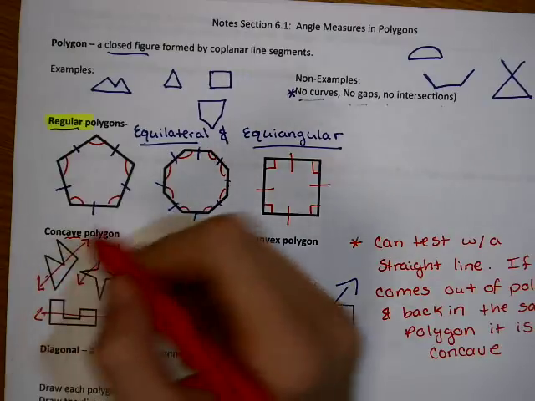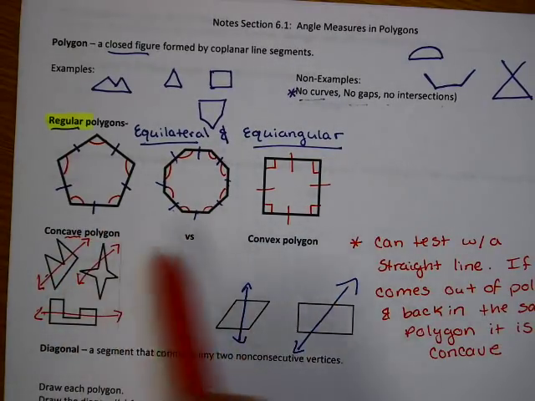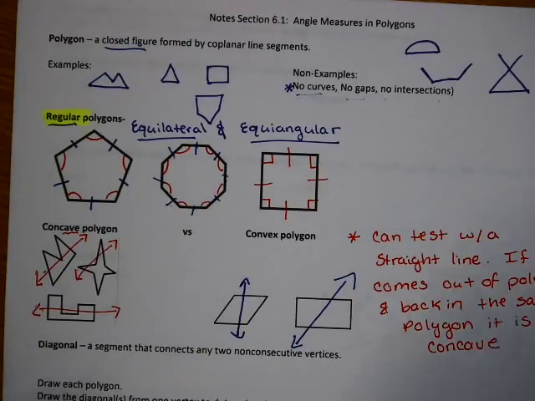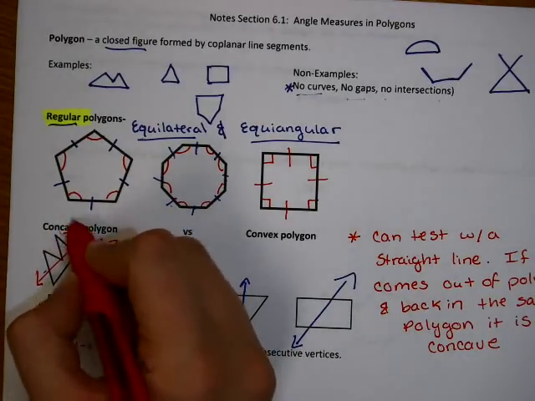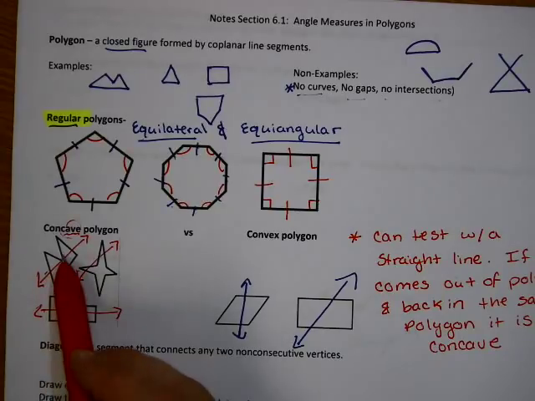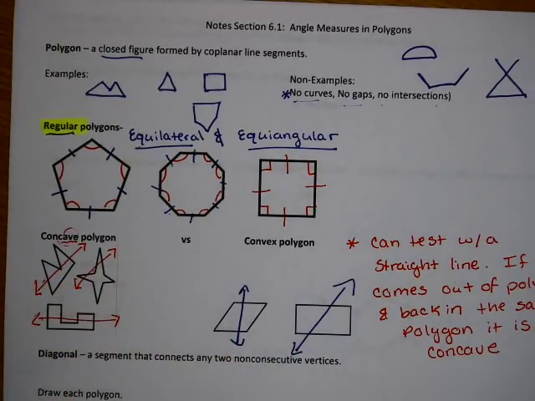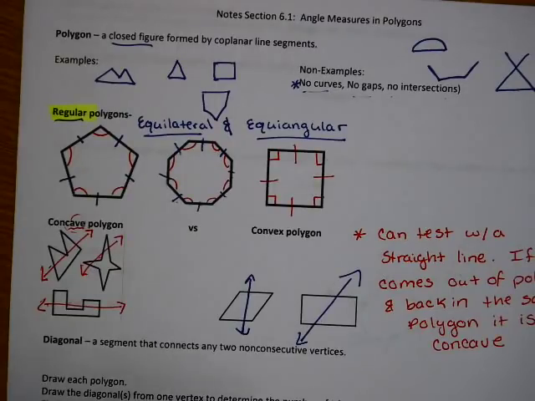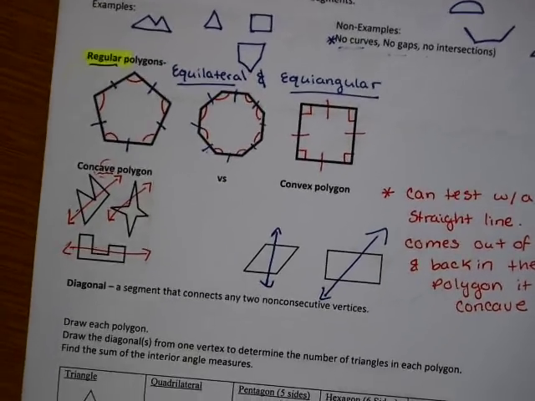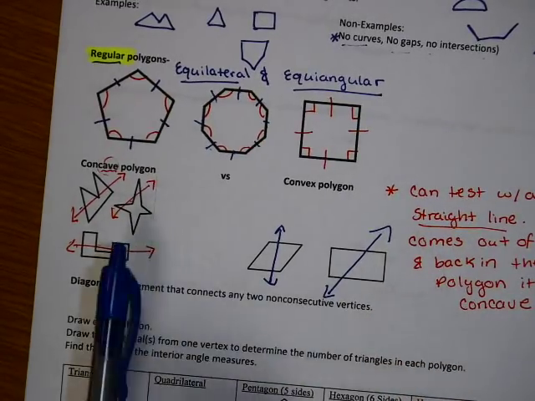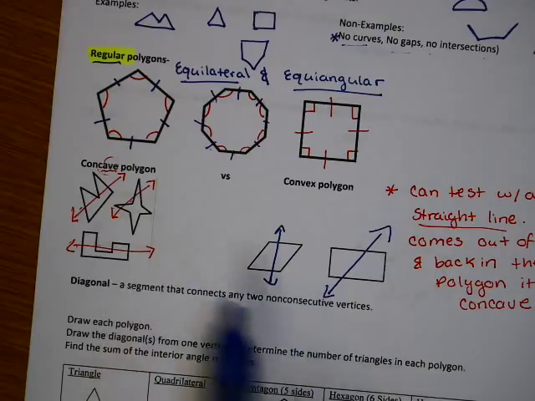So that's how we can tell just by drawing a straight line. Okay, so that's one test. Also, concave always makes me think of it caving in. So it caves in here, caves in here. This definitely caves in at some point. So I can know just by looking at it whether it's concave or convex. So know your straight line test and know it just by visual.